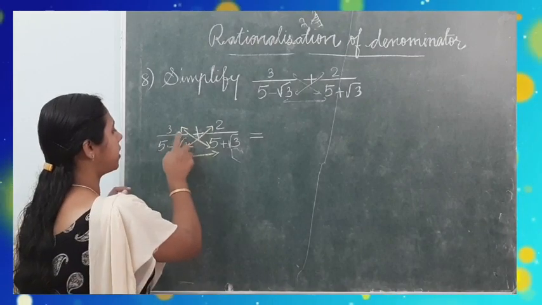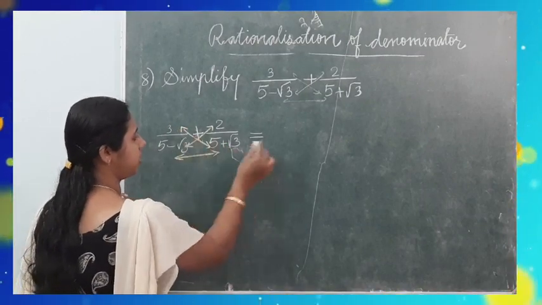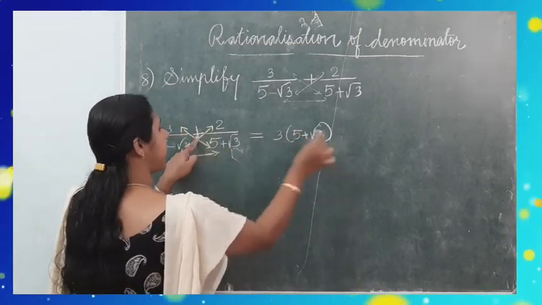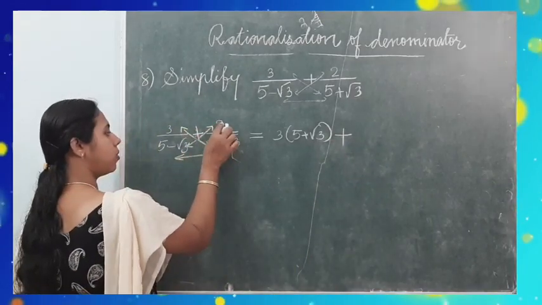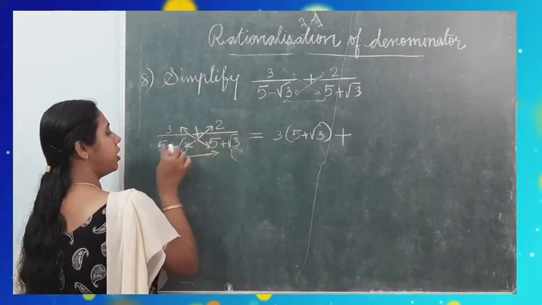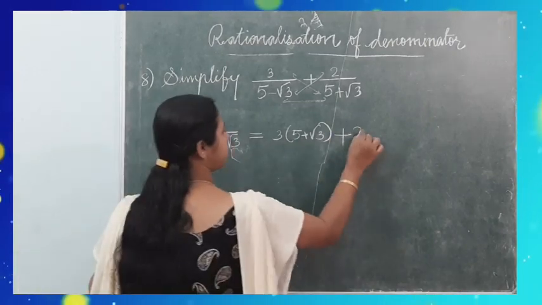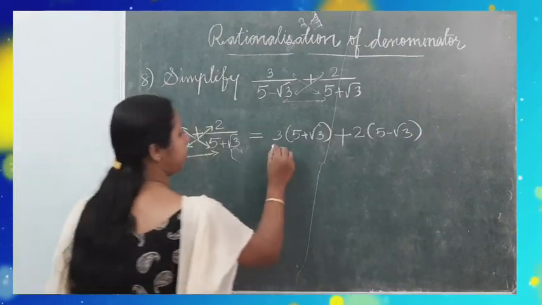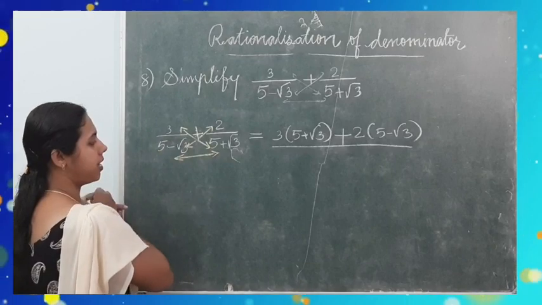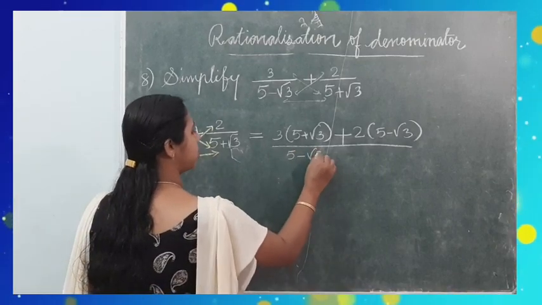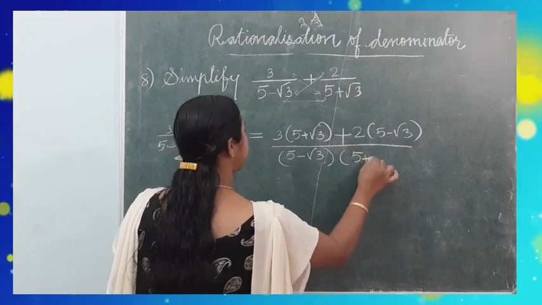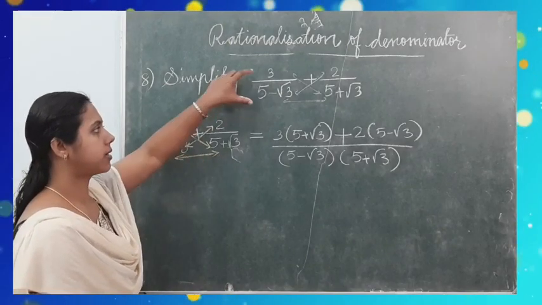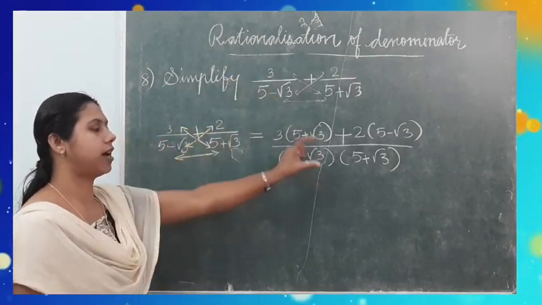So cross multiply: 3 into 5 plus root 3, plus 2 into 5 minus root 3, divided by the product of the denominators, 5 minus root 3 into 5 plus root 3. Instead of finding each one separately, directly you can find this.